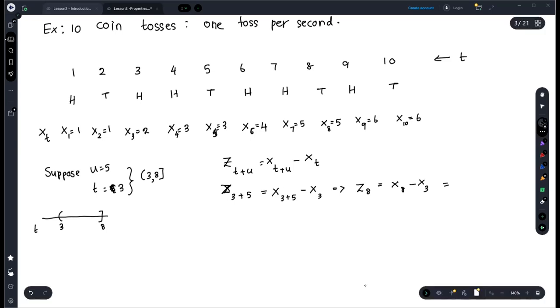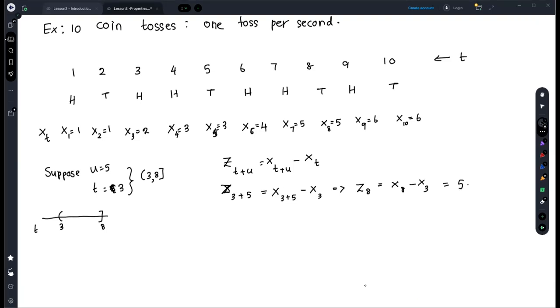So let's see, X8 is 5, X3 is 2, 5 minus 2, 3. Right, so what does that mean? In between the time limit 3 and 8, there are 5 tosses that happened, and the number of heads that happened in between that time is 3.